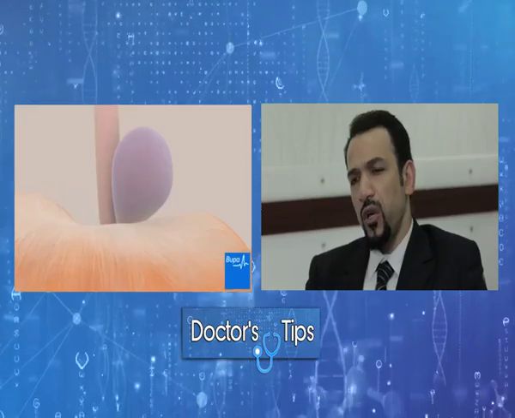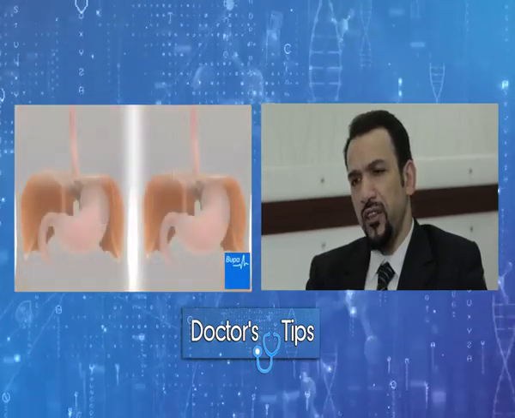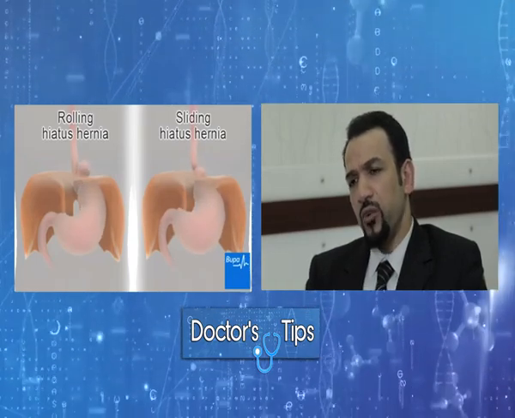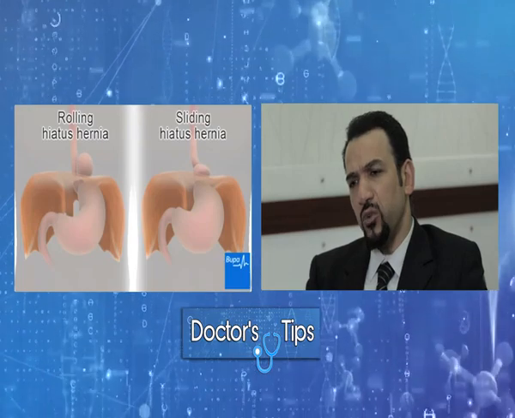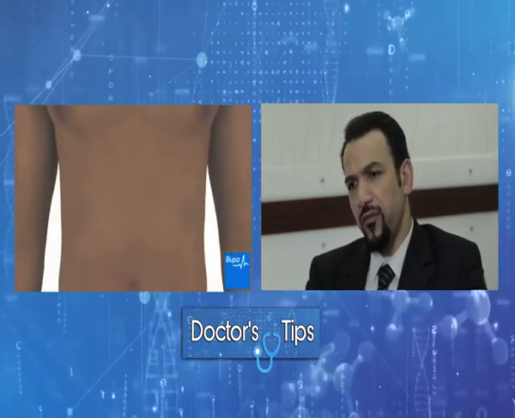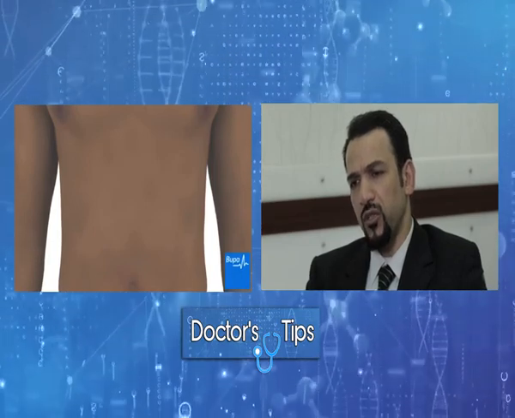Component separation technique can also be done laparoscopically, but it was first described as an open technique, where we can separate the muscles of the abdominal wall and approximate them together, and we can do a sandwich way of putting the mesh. We can put the mesh underneath and above the muscle to strengthen the muscle wall.